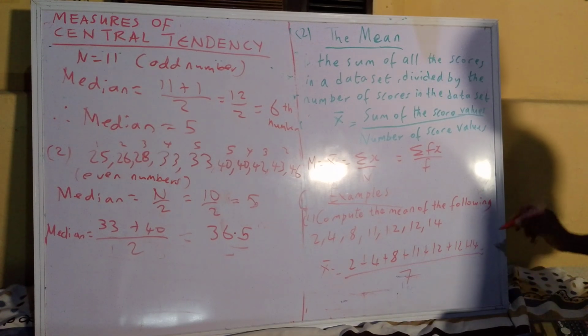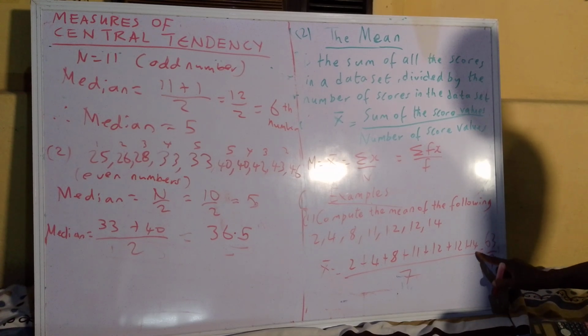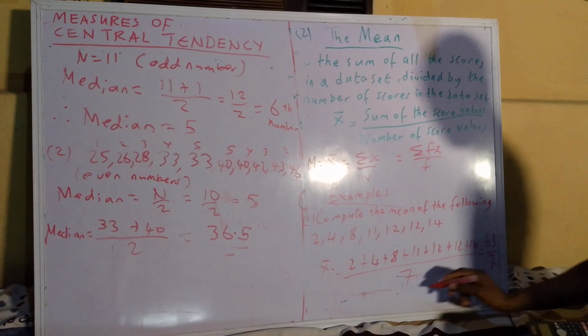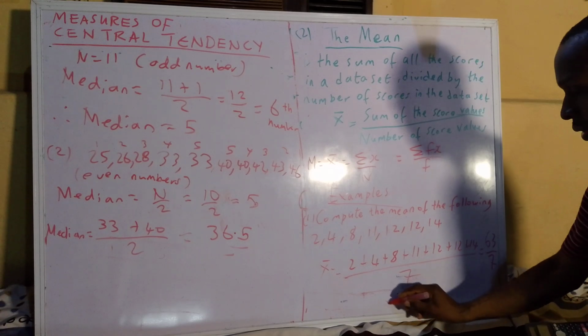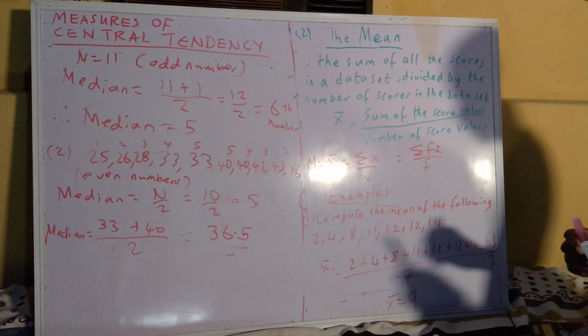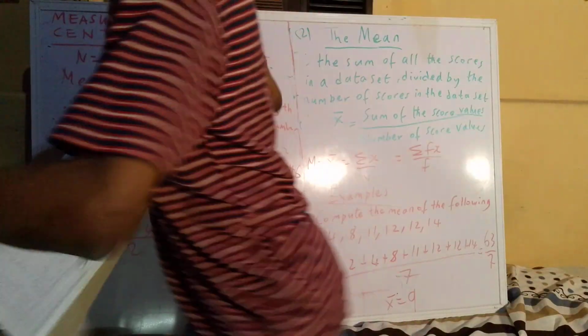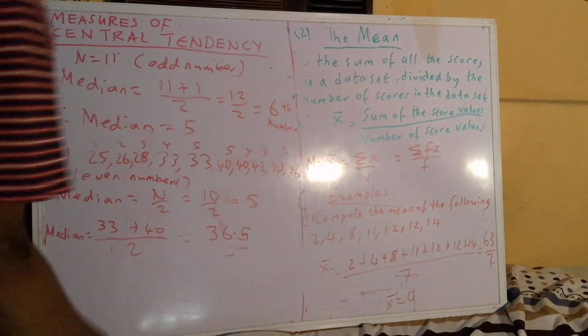So it's correct. So it's 63, everything all over 7. So 63 divided by 7 gives you 9. So that's your answer. The mean is equal to 9. So that is the answer for that question.